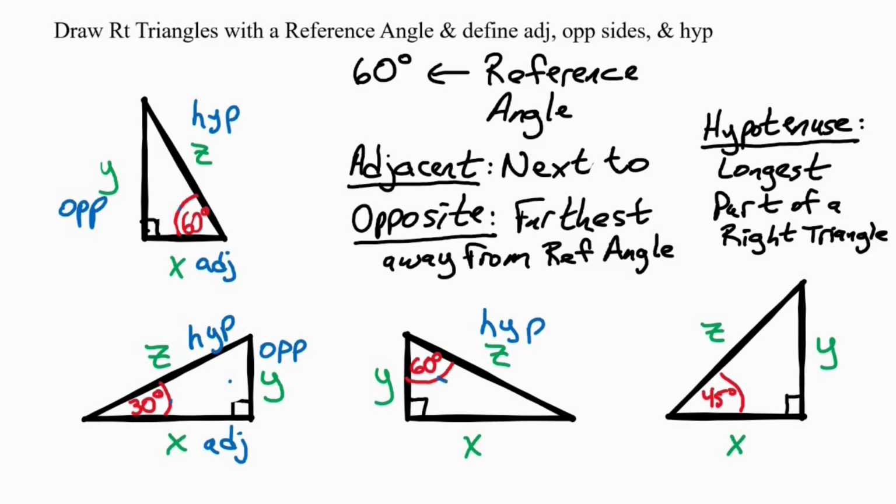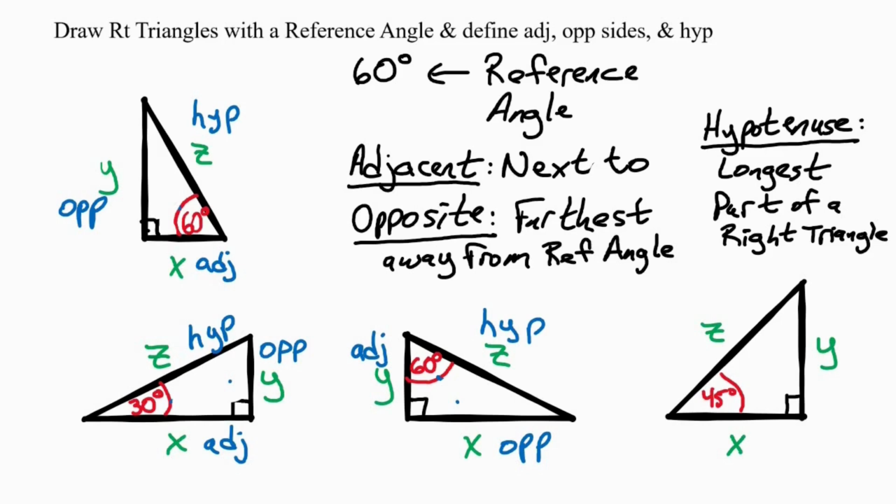We have our reference angle over here. The one that's farthest away is this one over here. So now our opposite side is the x. And the side that's adjacent, next to or touching the reference angle, is our y. So now this is our adjacent side.